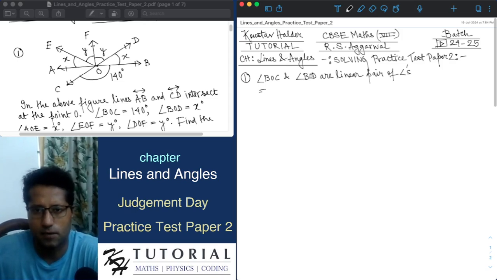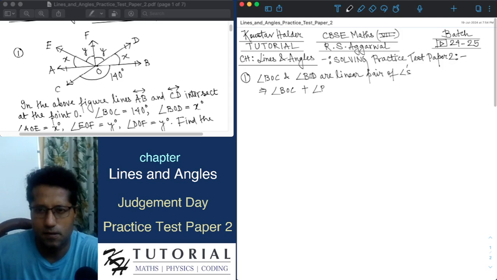This implies their sum should be equal to 180 degree. So we must have angle BOC plus angle BOD equals 180 degree.